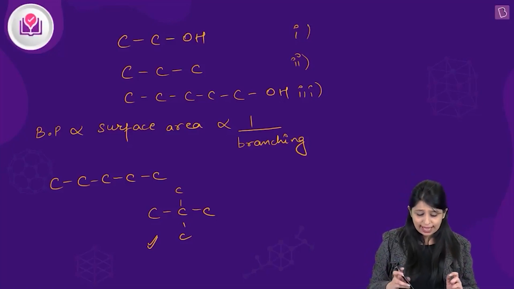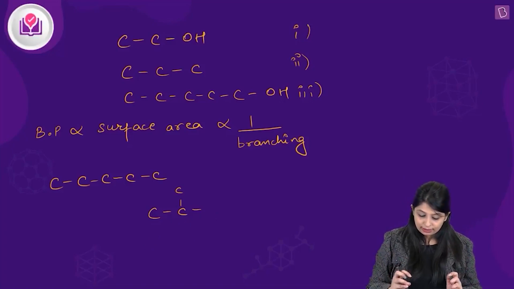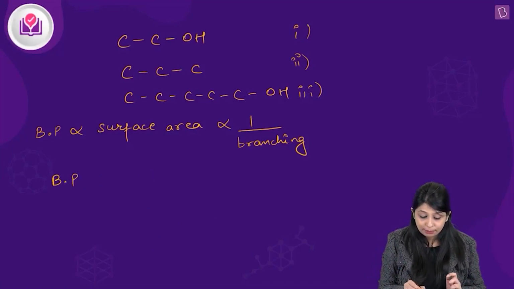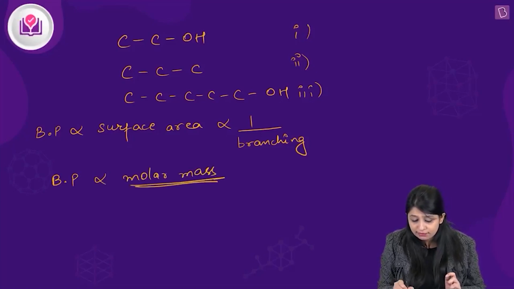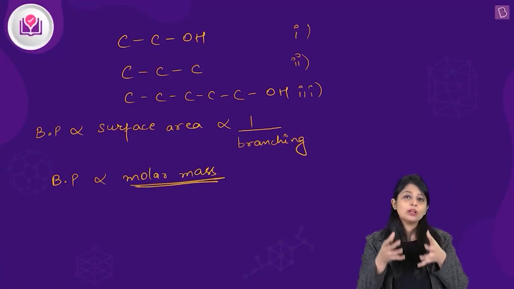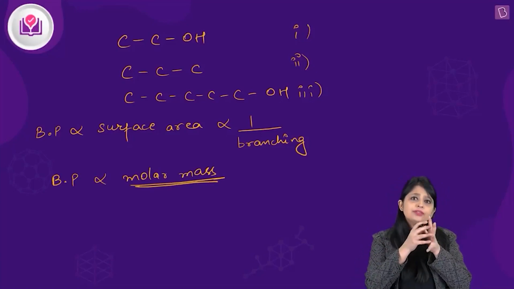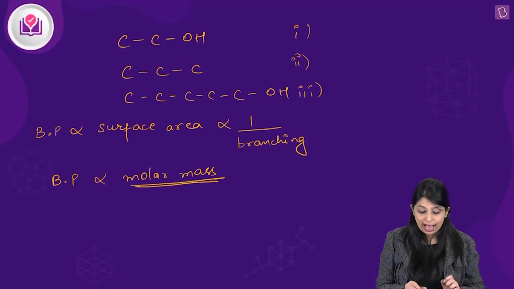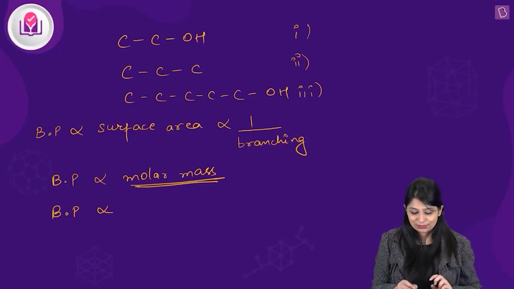Okay. What else does it depend upon? So boiling point is directly proportional to molar mass. And we usually factor in this molar mass if we have molecules which have the same functional group. Okay, and we have already established that boiling point is directly proportional to what?